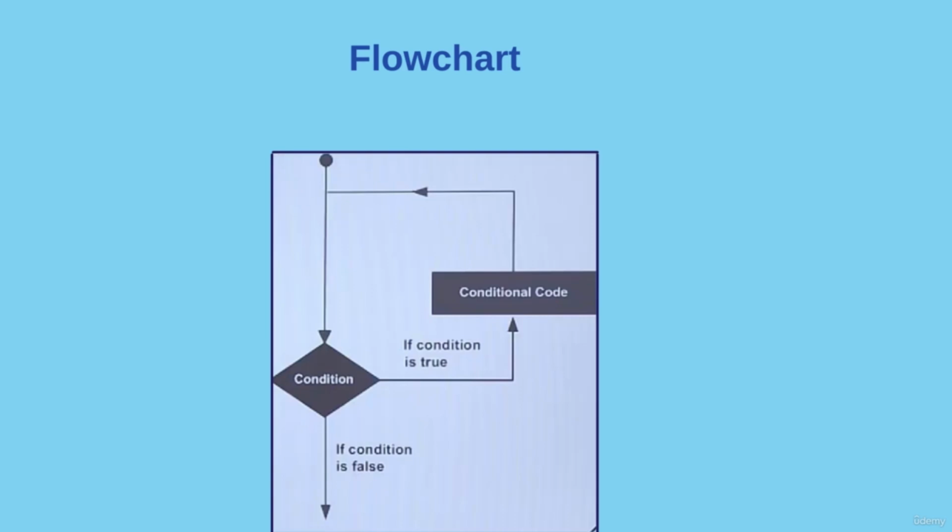This is the control flow. There must be a condition. If the condition is true, then we will execute the conditional code and the control will again come to this condition. So unless and until this condition is returning true, this loop will keep on executing. As soon as the condition is false, it will get terminated. If there is any logical error, you may write an infinite loop which will not be able to come out of this iteration.